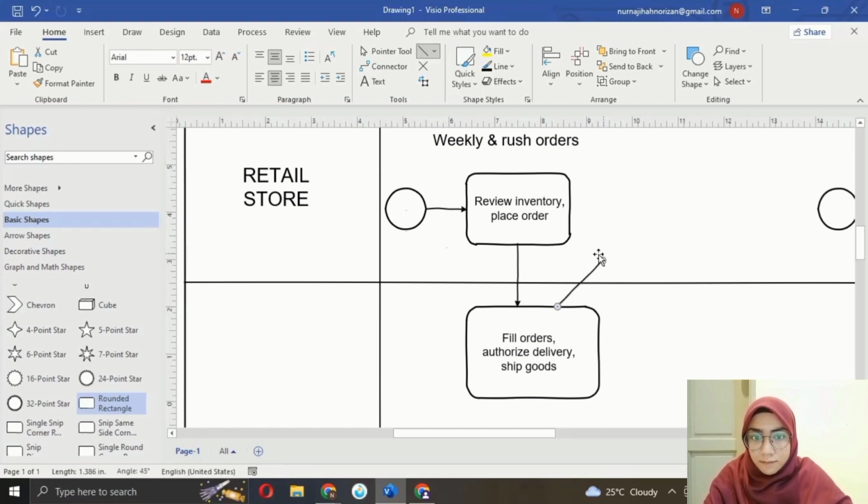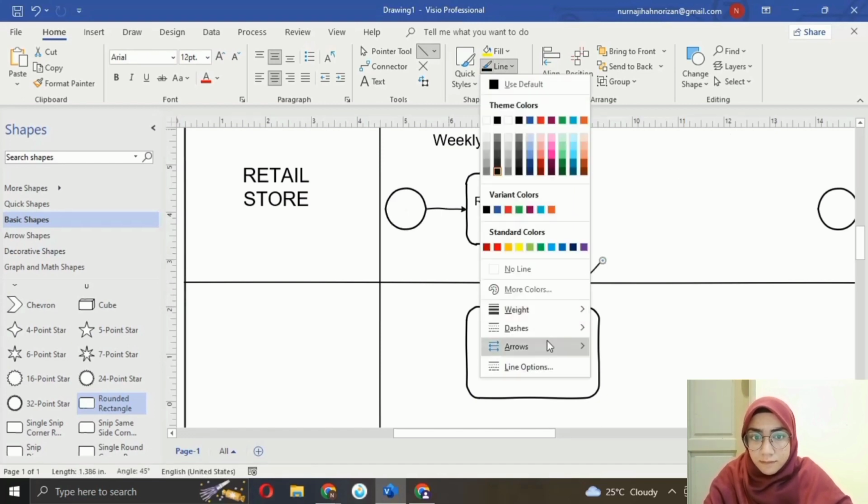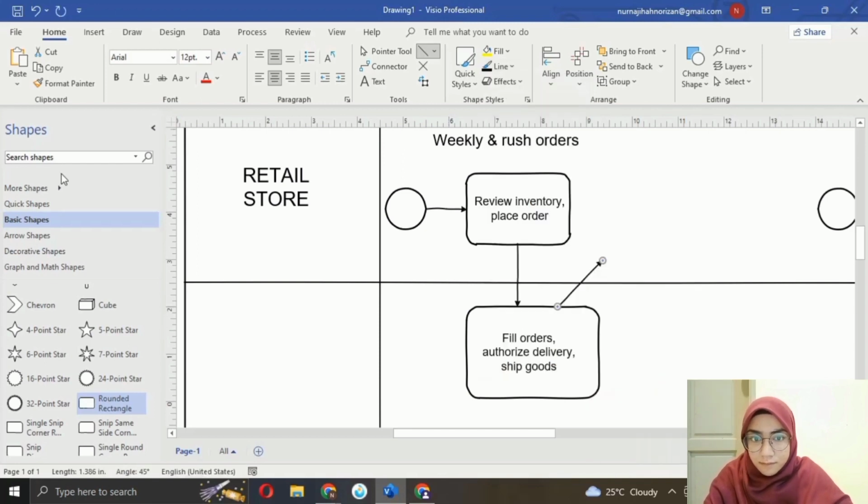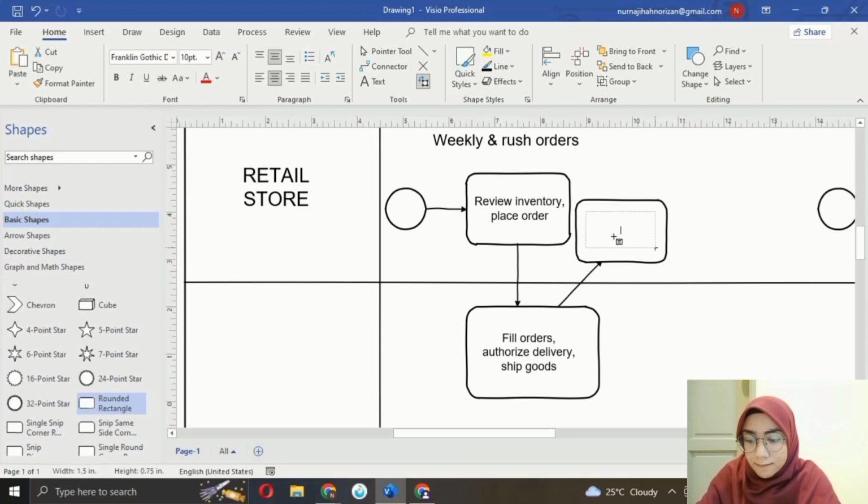After this process, we move to another process. We use another arrow to go back up and make another rectangle. The explanation of the activity placed in the rectangle is receive goods.